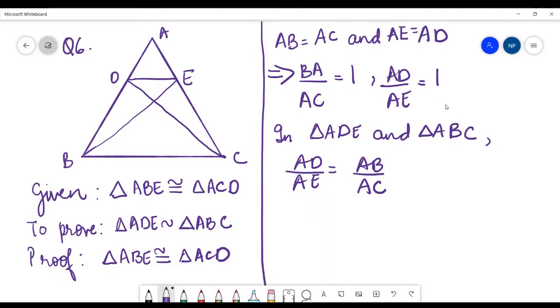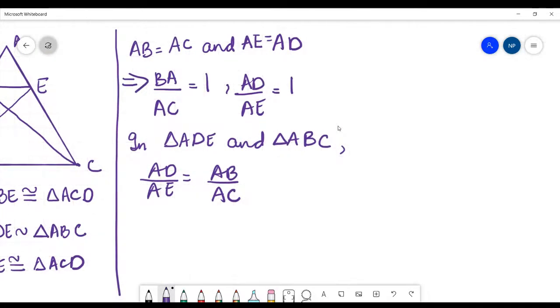Now if both are equal to 1, what do we imply? That AB upon AC is equal to AD upon AE, because the ratio is 1, therefore both the ratios are equal. So in triangle ADE and triangle ABC, AD upon AE is equal to AB upon AC, we have proved.